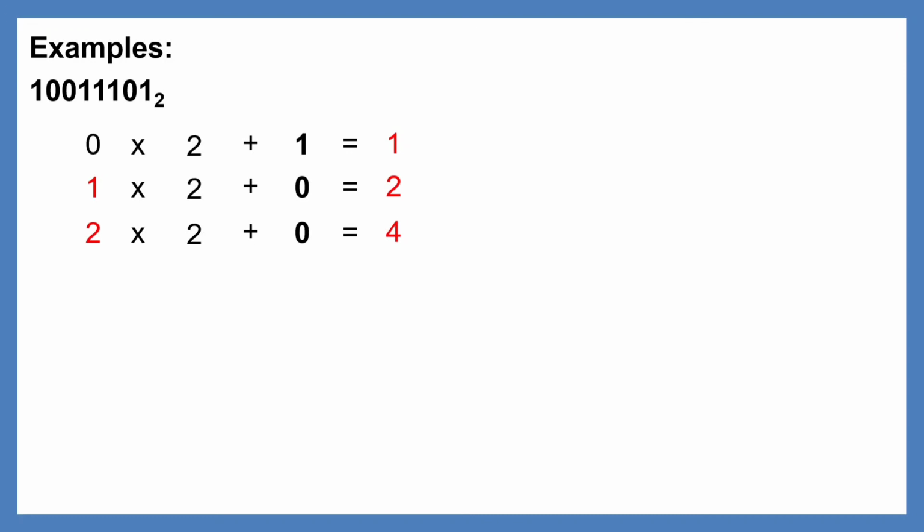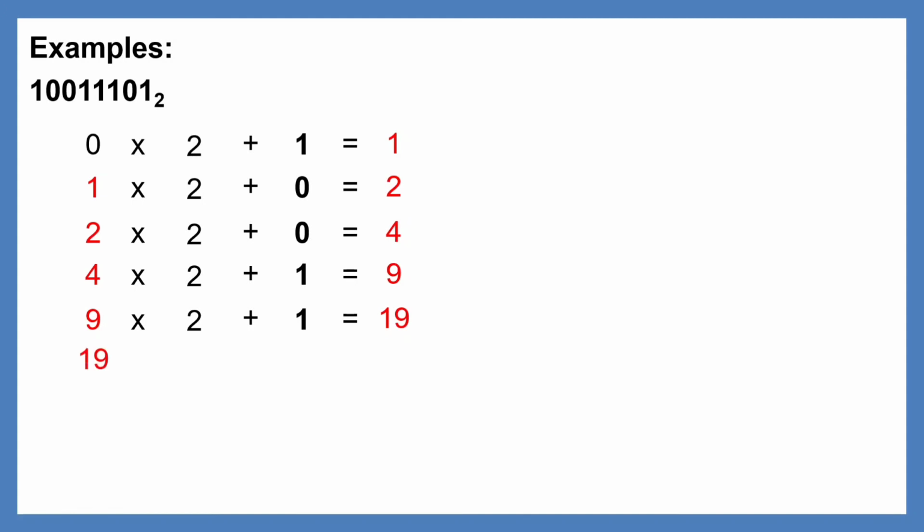Because 2 times 2 is 4 plus 0 is 4. Next, we have 4 times 2, which is 8, plus 1, we have 9. Next, we have 9 times 2, then again plus 1 is equal to 19. So 9 times 2 is 18, plus 1 is 19.